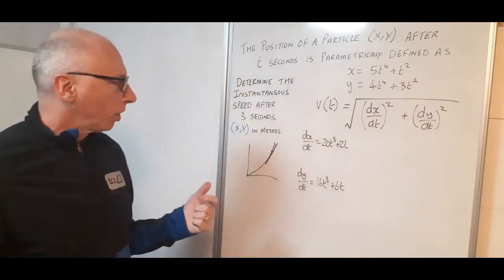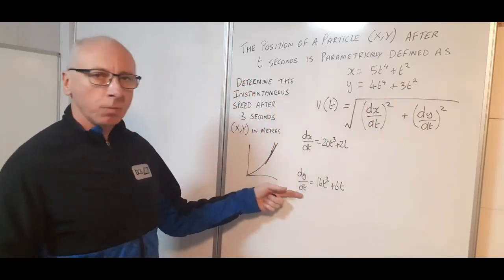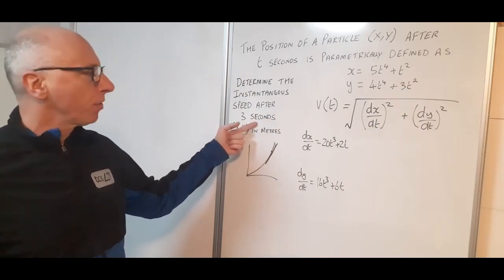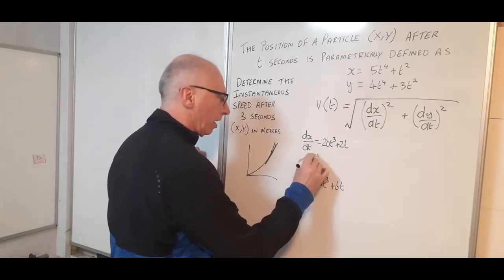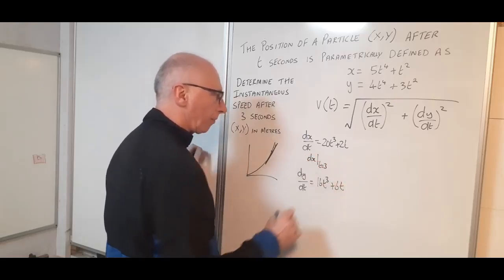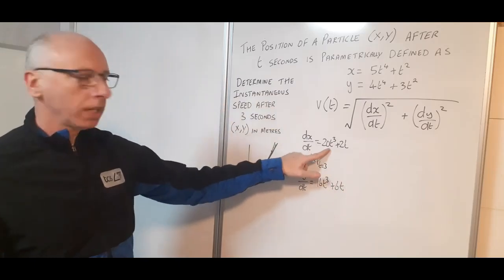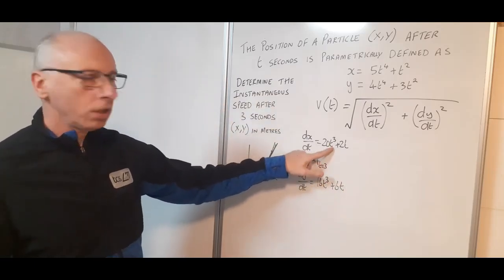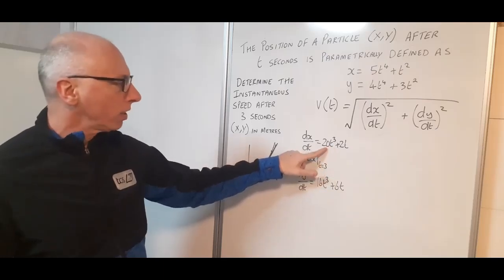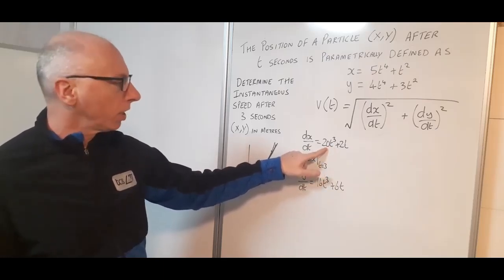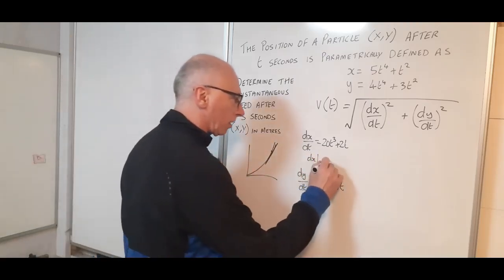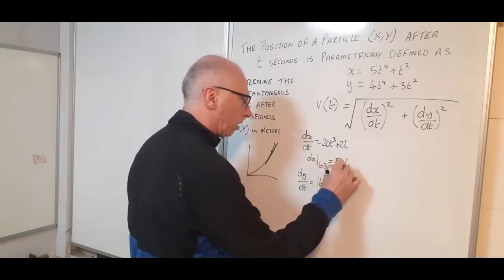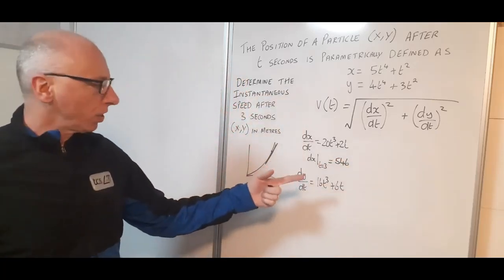So now what we want to do is define dx and dy at the time 3 seconds. So dx at t equals 3, all we're going to do now is plug in 3 into here. Well, 3 cubed is 27, 27 times 20 is 540, plus 2 times 3, that gives 546. Okay, so that's 546.